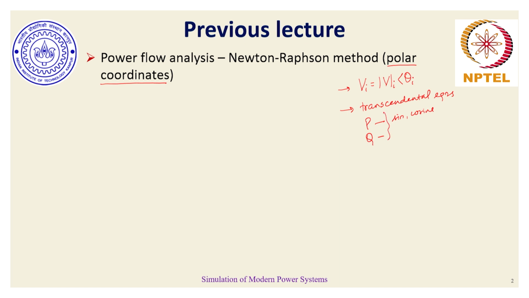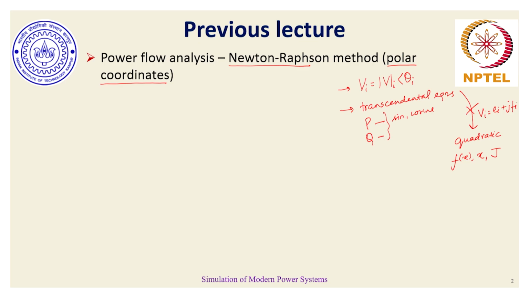On the other hand, when voltages are in rectangular coordinates, the same equations, instead of being transcendental, would convert into quadratic equations, and hence the method remains the same, but the corresponding function f of x, the associated unknown x, as well as Jacobian matrix is going to change when voltage is written in a rectangular coordinate version.